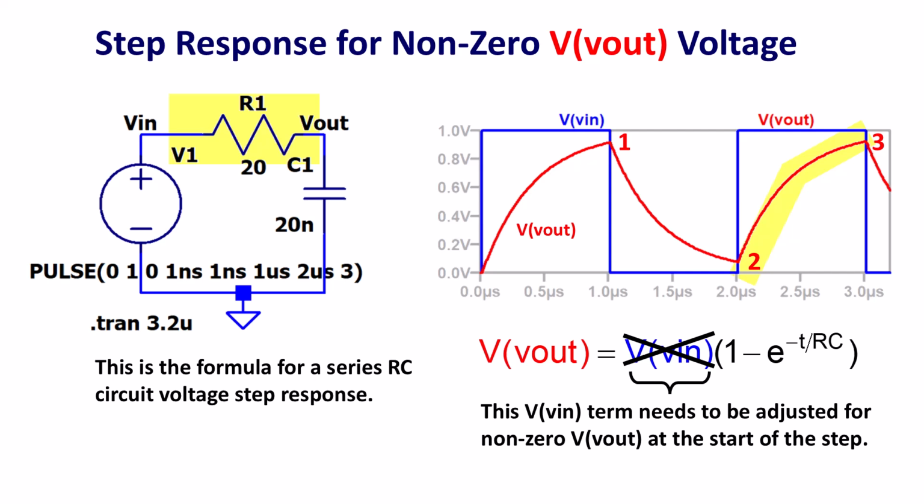At 2 microseconds, Vout does not equal 0. To calculate the exponential response from 2 microseconds to 3 microseconds, we need to adjust the Vin term in the step response equation.